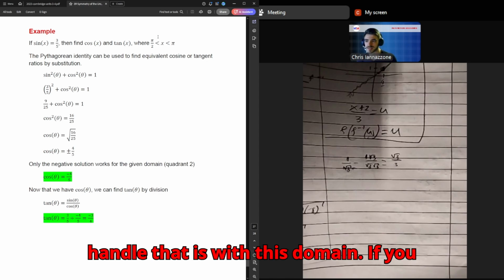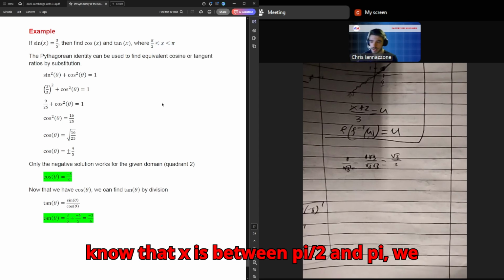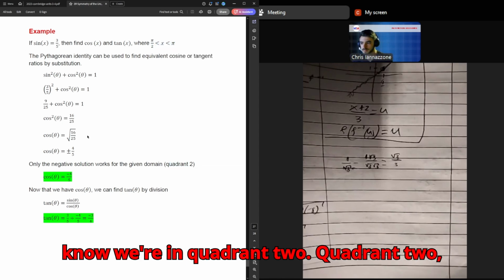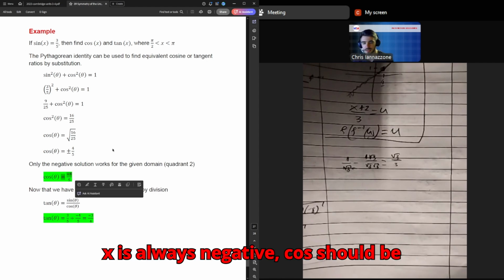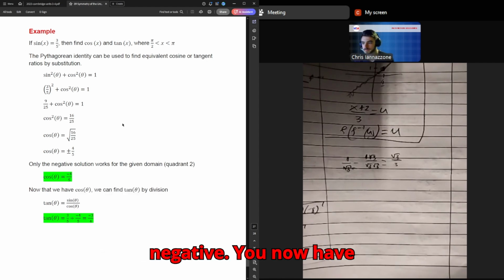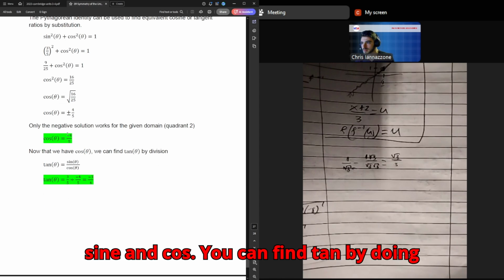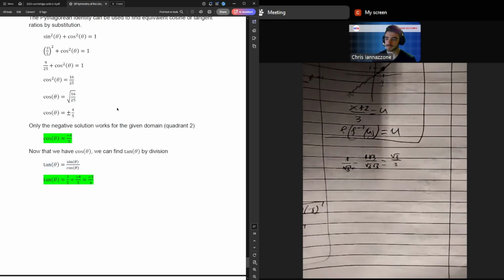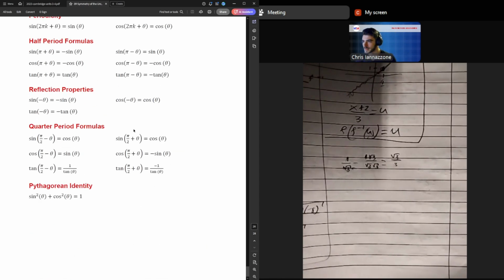The way you handle that is with this domain. If you know that x is between pi over 2 and pi, we know we're in quadrant 2. Quadrant 2, x is always negative, cos should be negative. You now have sine and cos. You can find tan by doing sine divided by cos. And that's it.